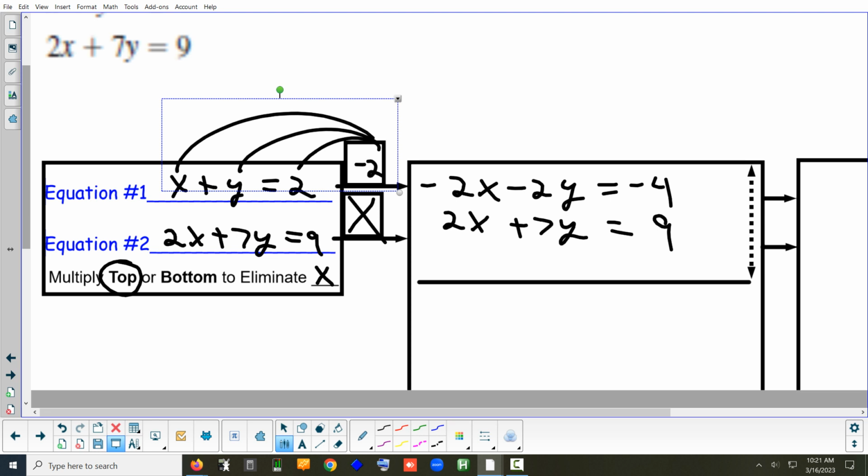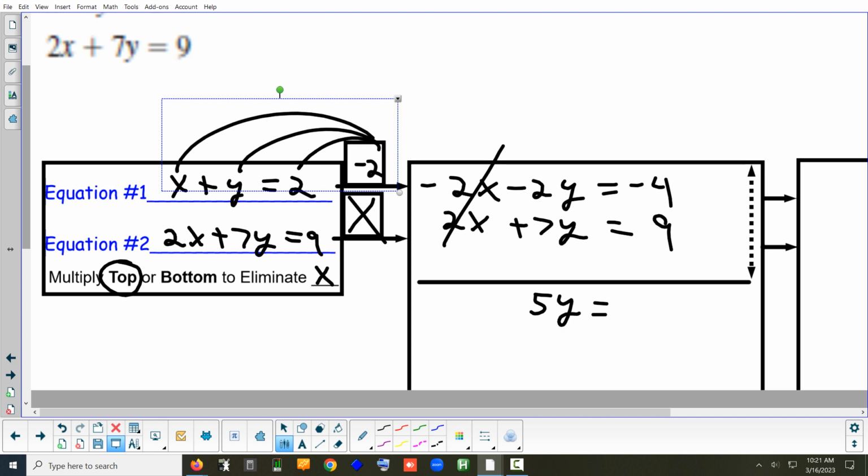It cancels out. Right? -2 plus 2 is 0. So that's gone. How about my second column? What do we get when we add up the y column? Yep. 5y. So that's 5y. And how about when I add up the right-hand column?